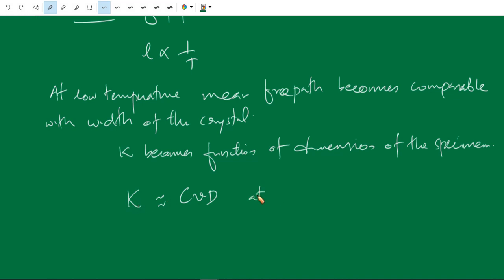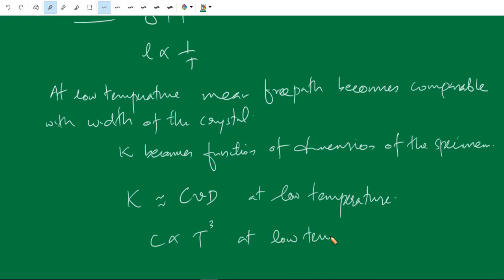This is at low temperature. At low temperature, C, the heat capacity at constant volume, is proportional to T cube. That we have studied already.